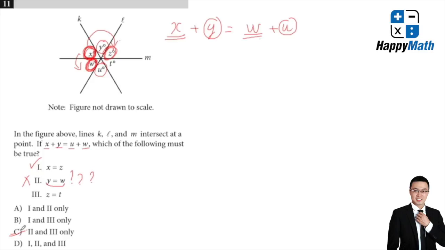So when I have choose 1 and eliminate 2, that's only B. That's why I choose B as the right answer.